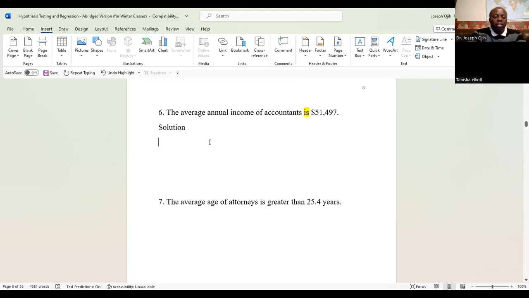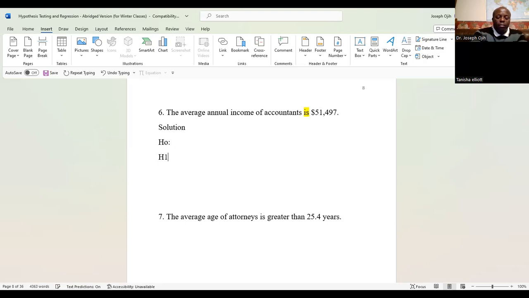This one means equal, and you can only use equal in the null hypothesis. So you have that the average, which is the mean, equals 51,497, and that is the claim right there. H1 is that the mean is not equal to 51,497.